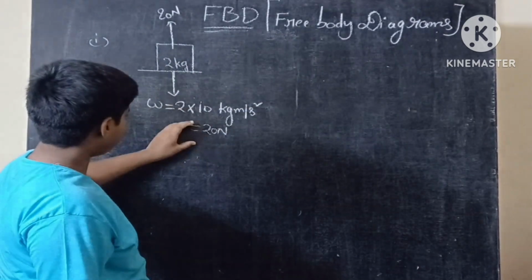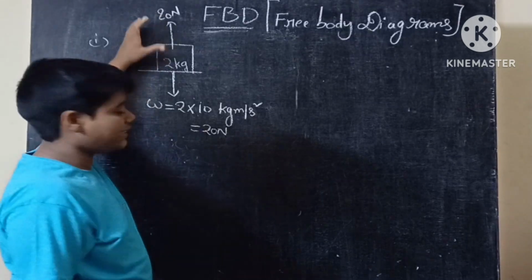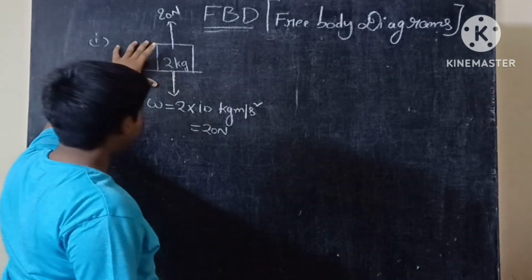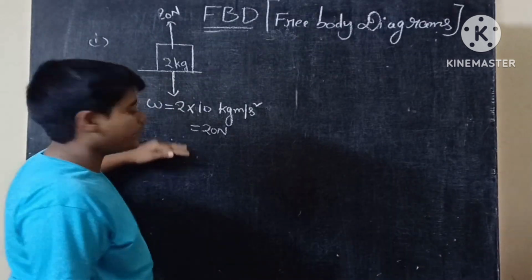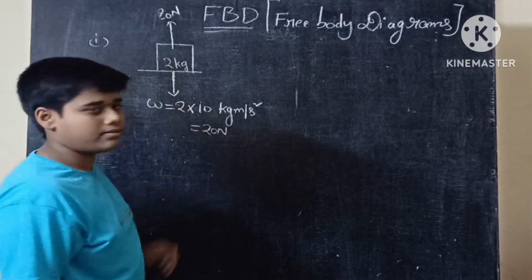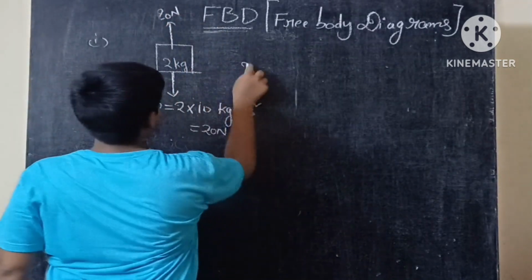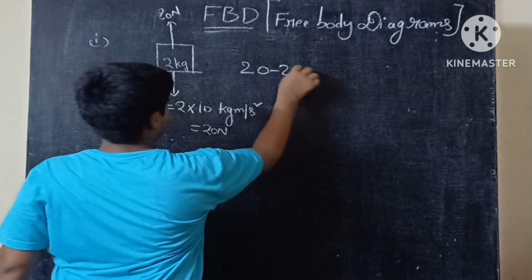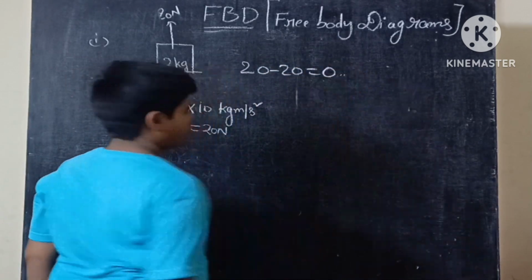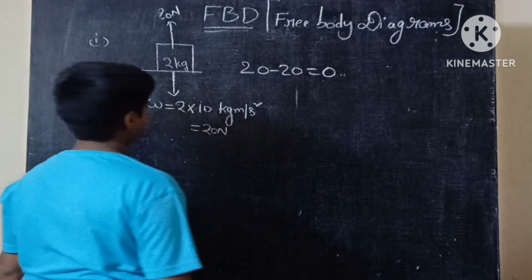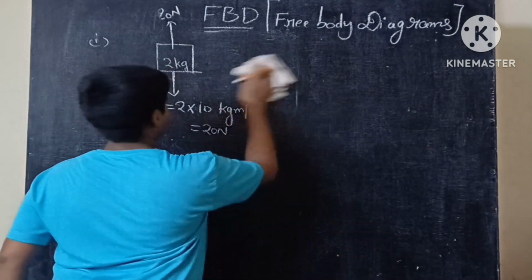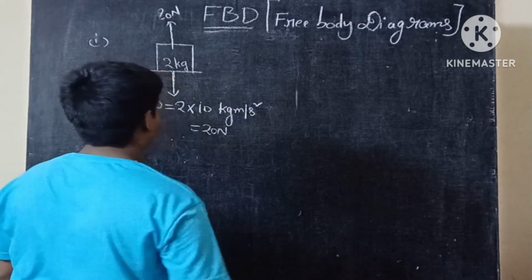Opposite forces are there: 20 minus 20 is 0.